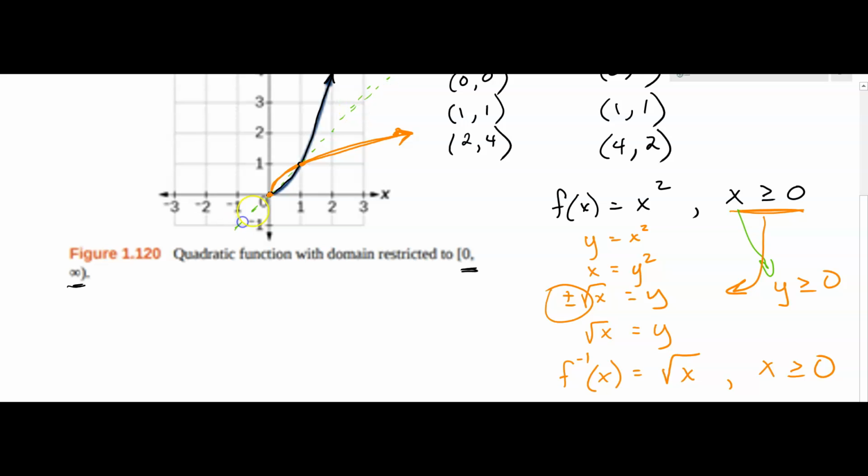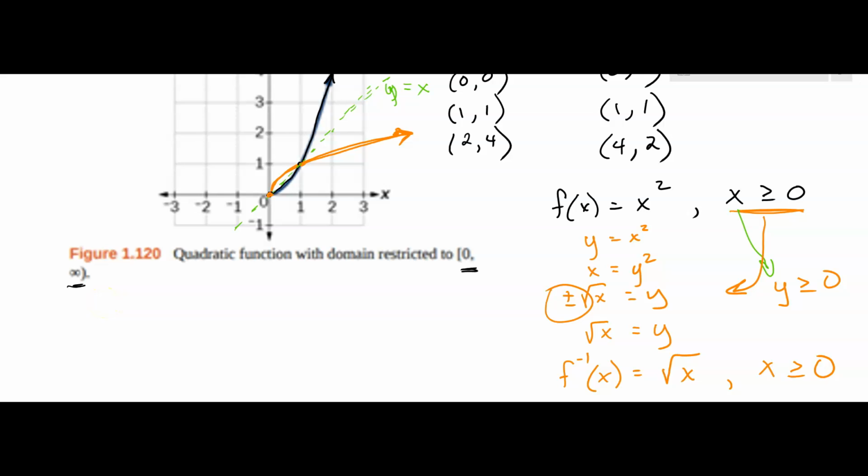See that line there? That is the y equals x line. If I were to fold my graph paper there along that green line, the points from the original function would line up with the points on the inverse. That is true about a function and its inverse. They have to be symmetric.